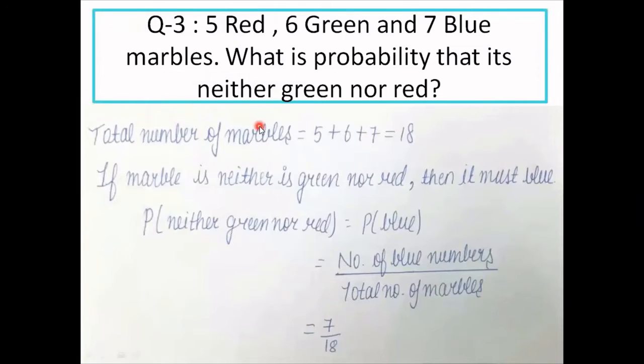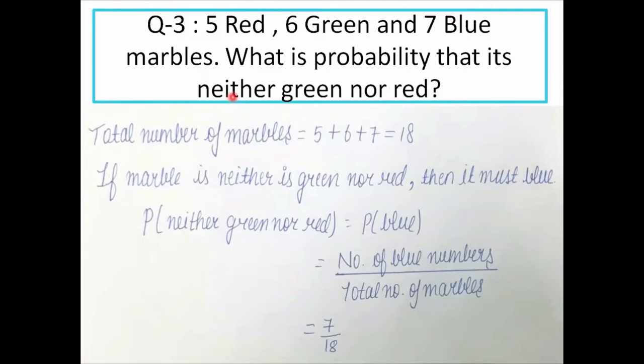Now let's move to the third question. It says that in a bag there are 5 red, 6 green and 7 blue marbles. One marble is picked up randomly, so you have to tell what is the probability that the marble which is picked up is neither green nor red. First of all, we will take out the total number of marbles, which is 5 red marbles plus 6 green marbles plus 7 blue marbles, which is equal to 18.